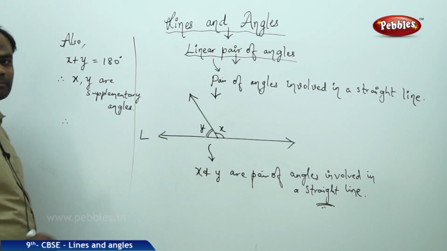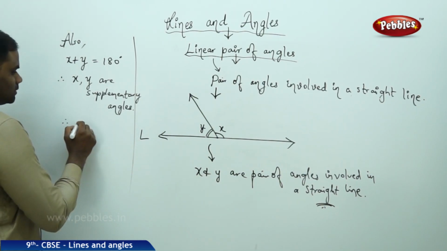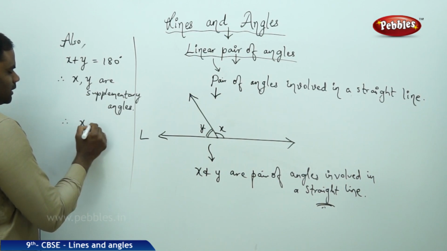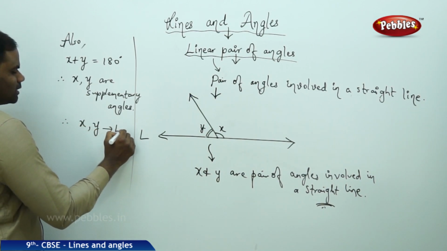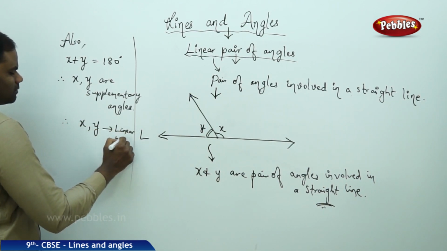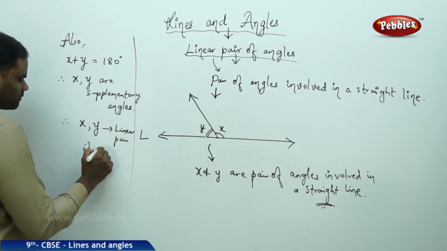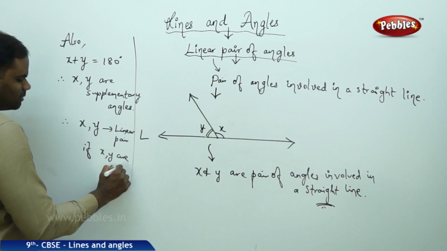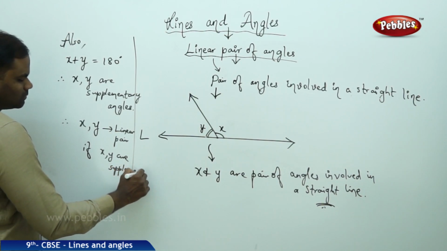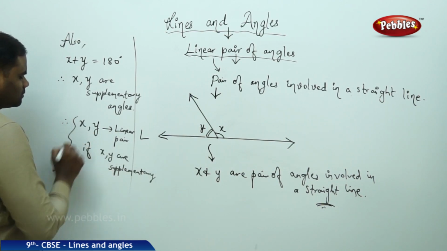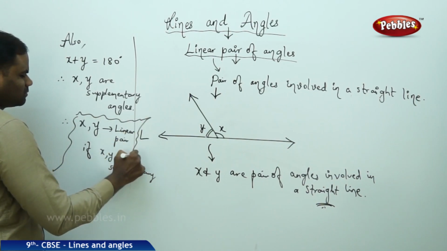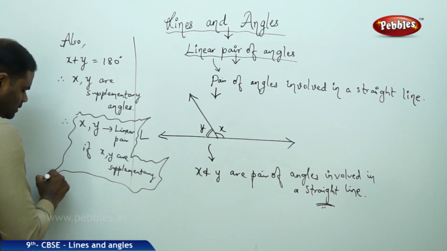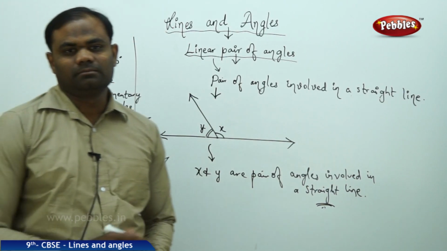Therefore, we have X and Y are said to be linear pair if X and Y are supplementary, is how I make the learning outcome.